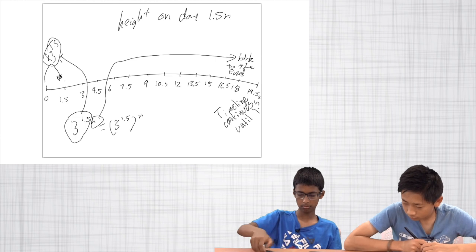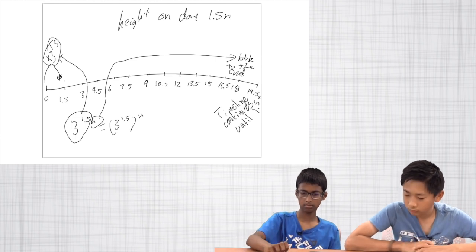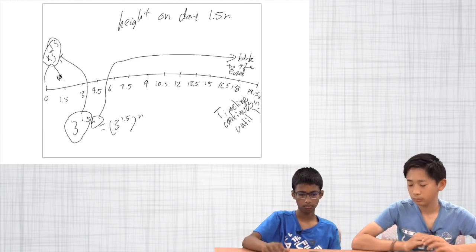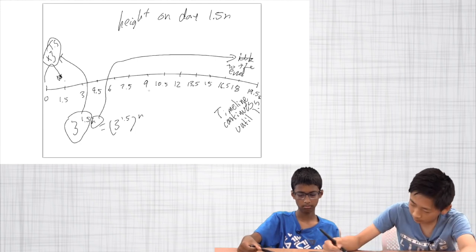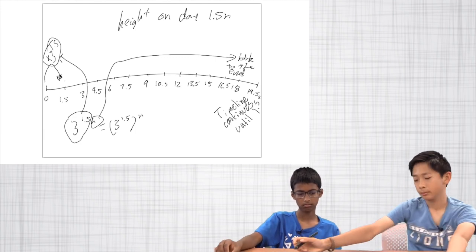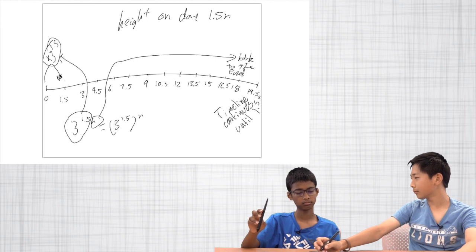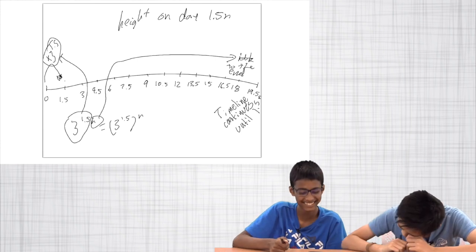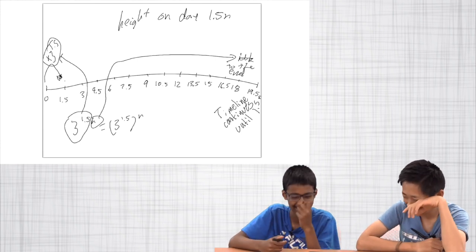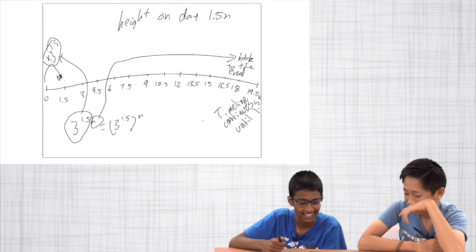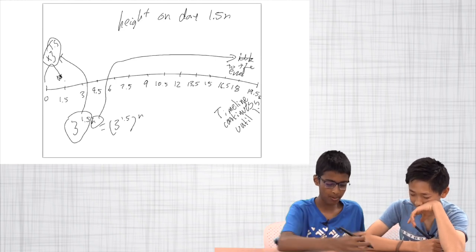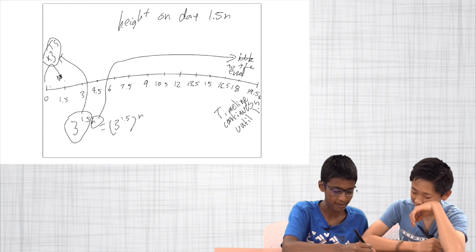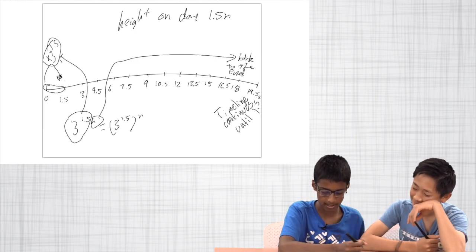Do you agree with that, Josh? Yeah. So what would 3 to the 1.5 to the n represent? It's like n is the amount of tick marks there are. And why is it the same as the height on day 1.5n? Well, there's a 1.5 factor between each tick mark.